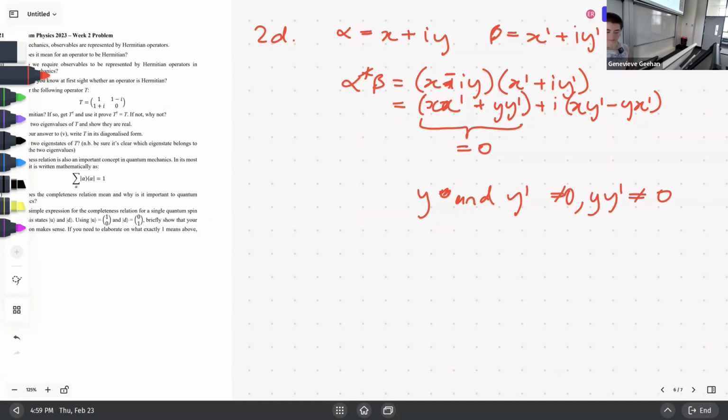Maybe I should write out this equation. Yeah. Essentially, the only way these can both be 0 is if these are both also 0. So everything has to be 0. So in other words, we need these to be non-zero.